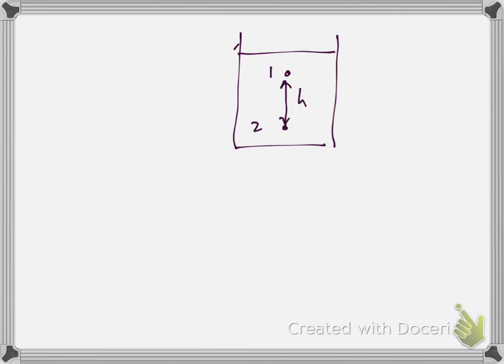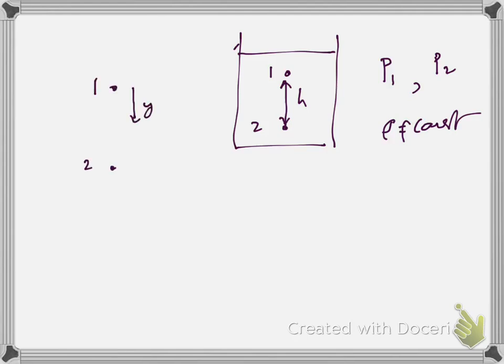So in such scenarios, this is the fluid, this is point 1, this is point 2, separated by h. I want to relate the pressure at 1 to the pressure at 2, with density not constant. So let us say this is point 1, this is point 2.